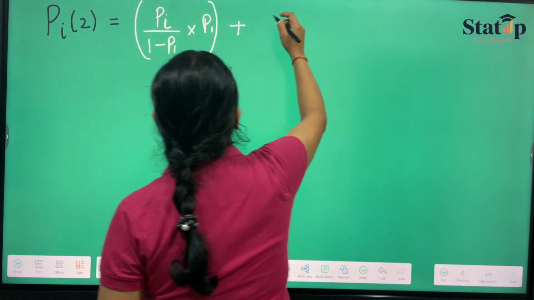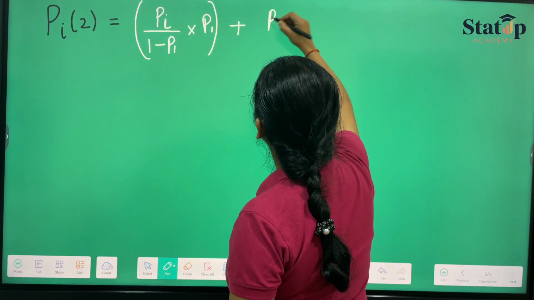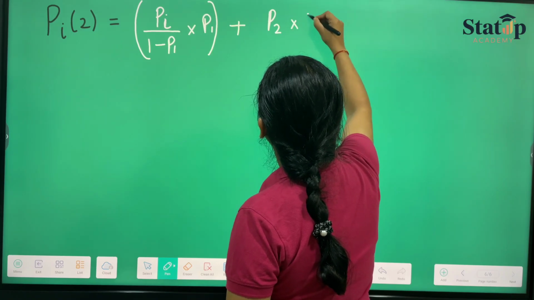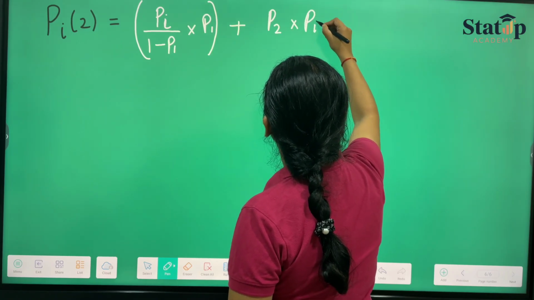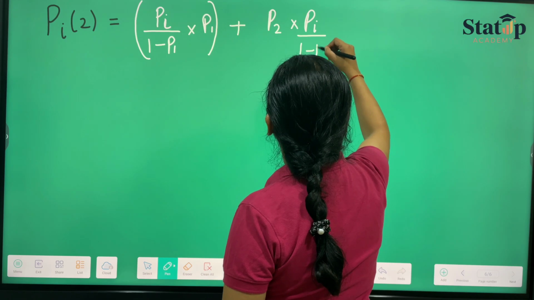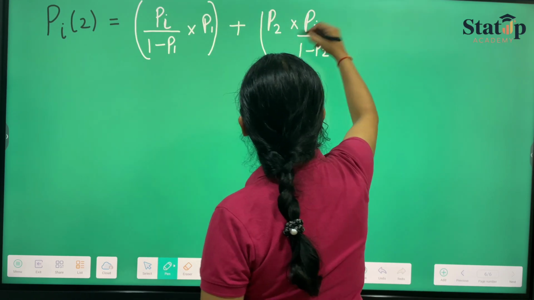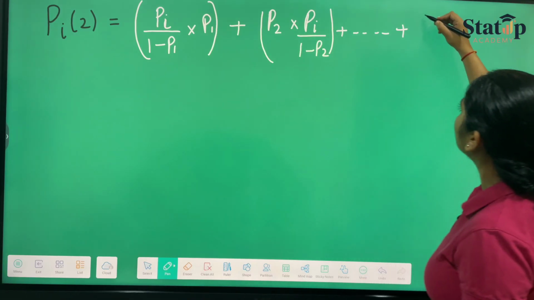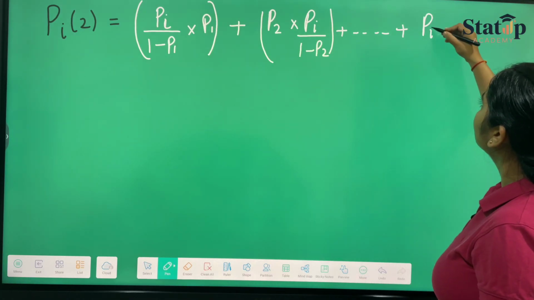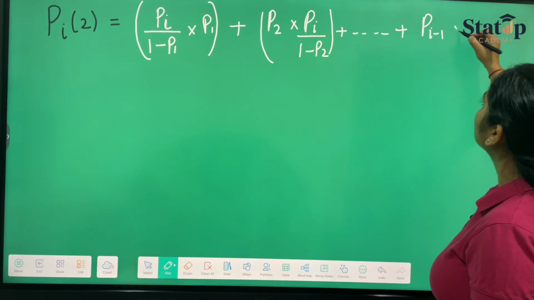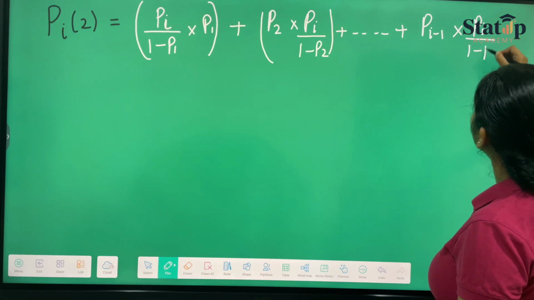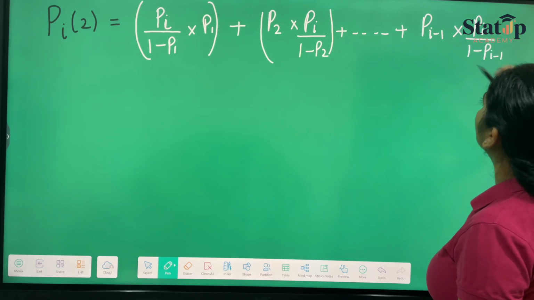Then the second one will be the probability of selecting the second unit first and the probability of selecting the ith unit in the second row. So it will be 1 minus p2. And similarly, the probability of selecting the (i minus 1)th unit first into the probability of selecting the ith unit, upon 1 minus the probability of selecting the (i minus 1) unit.